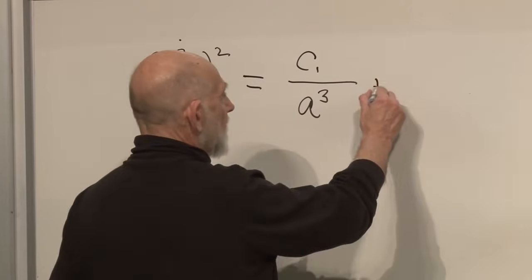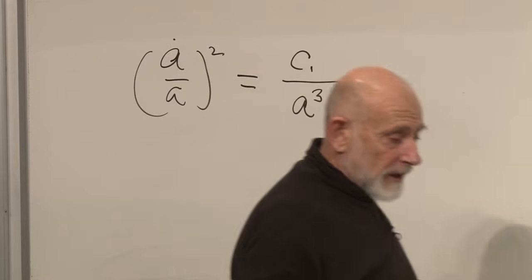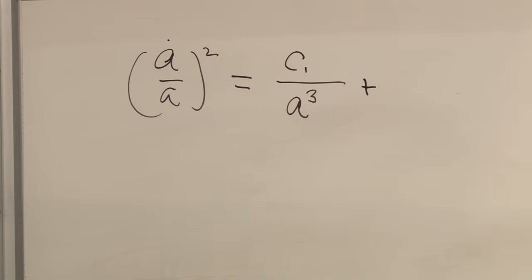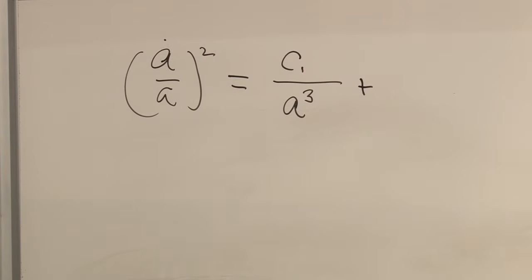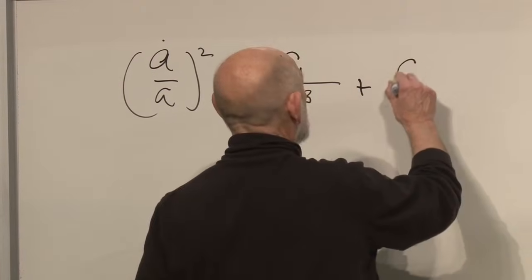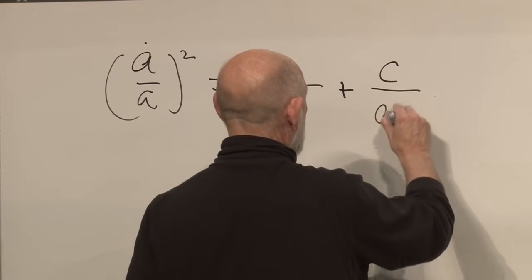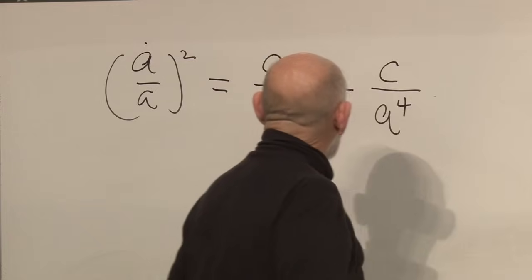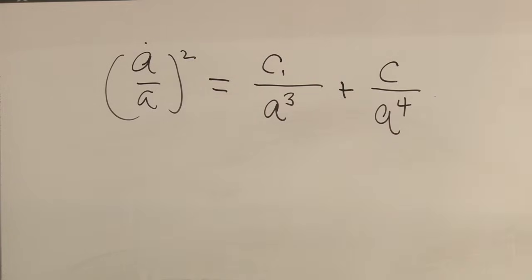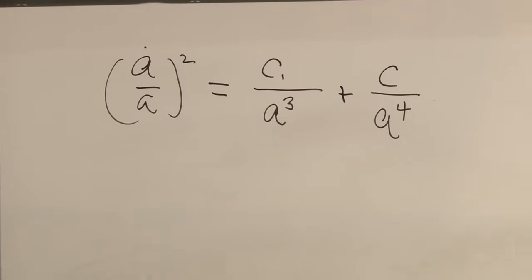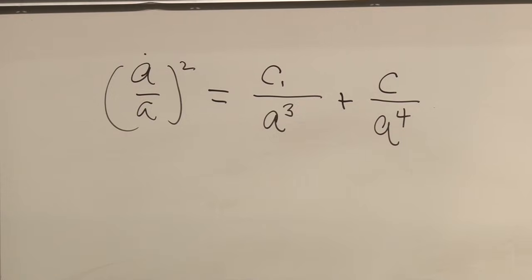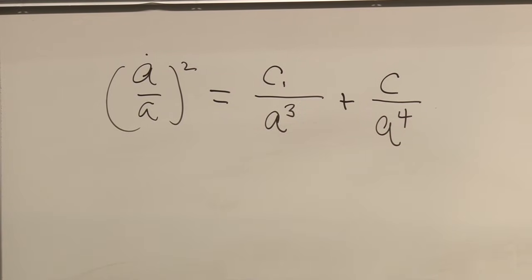And then another term, and they're both positive. The energy of particles and the energy of photons is positive. And the other is some other constant over a⁴. That's the equation of motion for a universe which contains, like our real universe does, ordinary non-relativistic matter plus radiation.